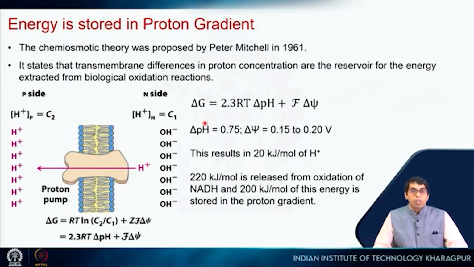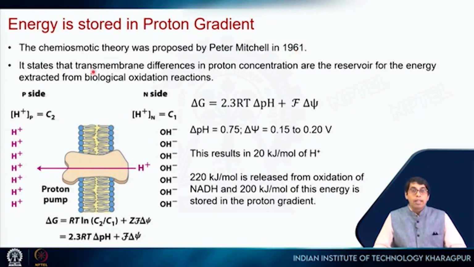Okay. So what we have done so far is we have pumped out protons from the N side to the P side. So we have a huge proton gradient, right? The chemiosmotic theory states that this proton gradient and electric field gradient is the one which stores energy. This theory was proposed by Peter Mitchell in 1961.